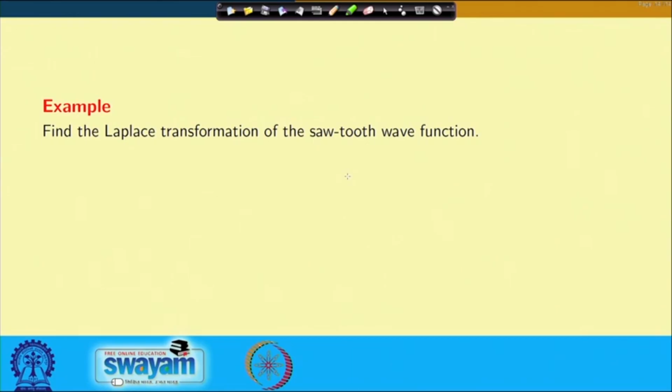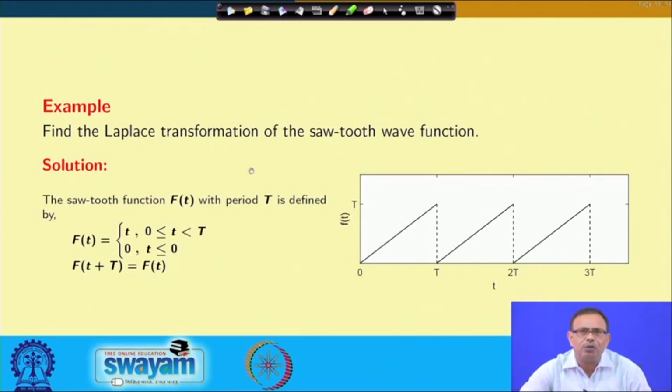We want to find the Laplace transform of the sawtooth wave function. What is the sawtooth wave function? It is defined as f(t) equals t whenever t lies between 0 and capital T, and it is 0 whenever t is less than 0.